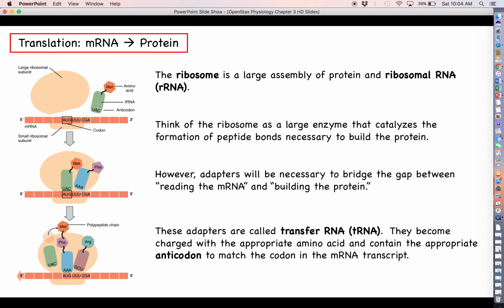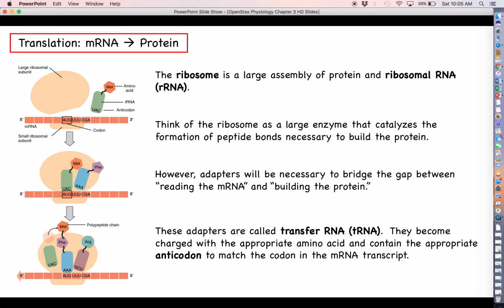An anticodon, just like a codon, consists of a run of 3 nucleotides, except these are complementary to the codons that we find in the messenger RNA. So, for example, if you look at AUG here, which is the start codon, the transfer RNA that carries the specific amino acid we want for that methionine is going to have an anticodon that matches up with AUG, so it is complementary.